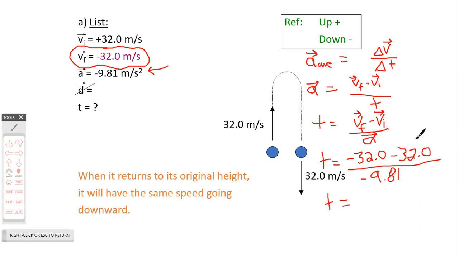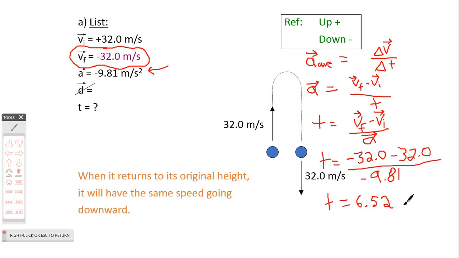If I'm doing this by hand or not on a computer, I am going to use units here, and what we'll find out is that meters per second minus meters per second gives me meters per second on the top, divided by meters per second squared works out to seconds as my units, so I've done this right. One more thing that I missed is that this is downwards acceleration, so there we go.